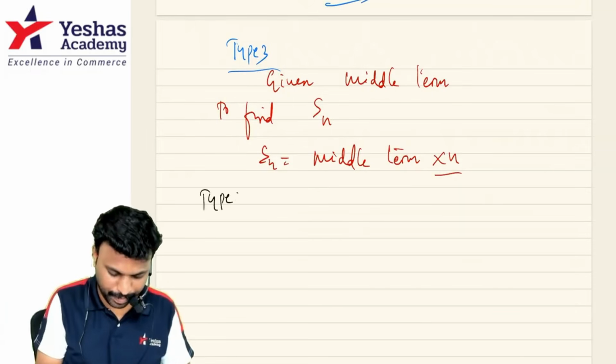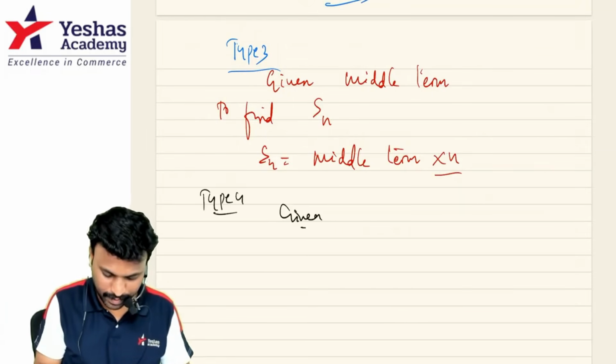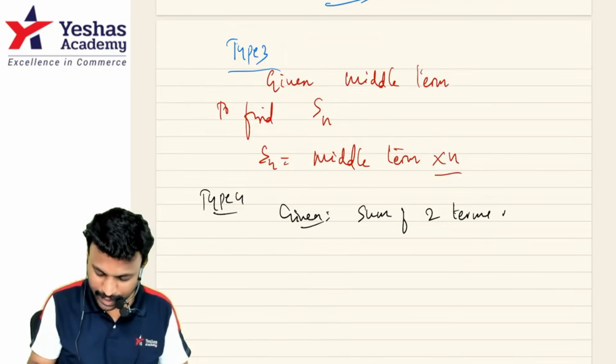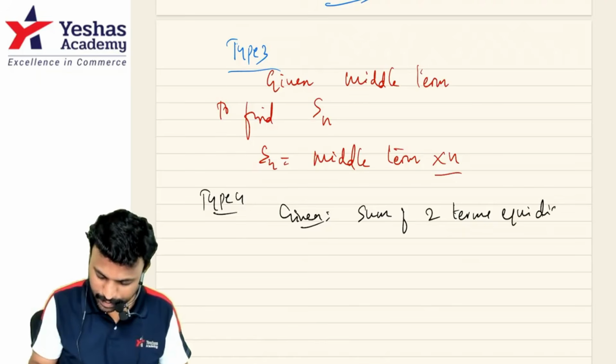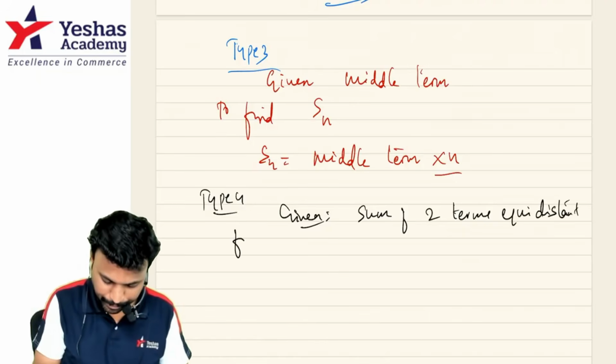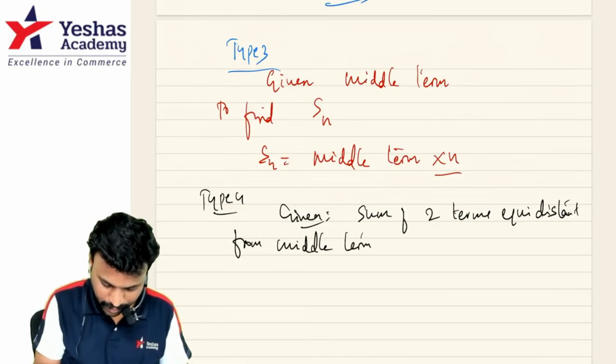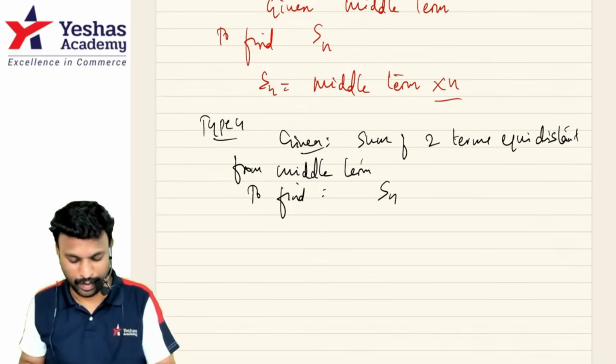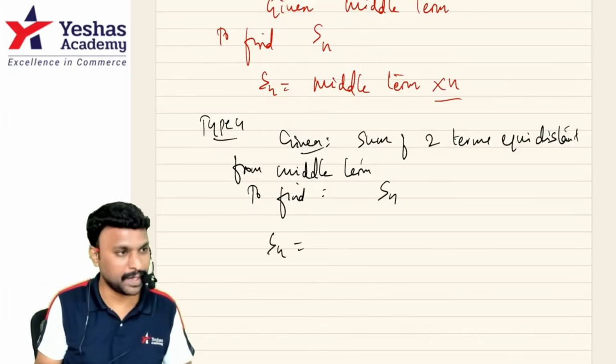Type 4: given the sum of two terms equidistant from the middle term, then to find the sum of n terms. Guys, what is the sum of n terms here?